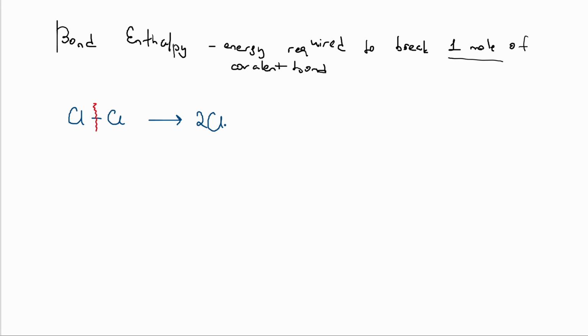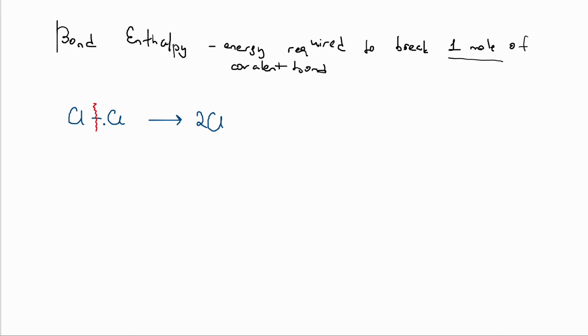So bond enthalpy is the energy required to break 1 mole of covalent bond. So in any chemical reaction which involves covalent bonds, some energy will be absorbed, and some energy will be released when a bond is formed.